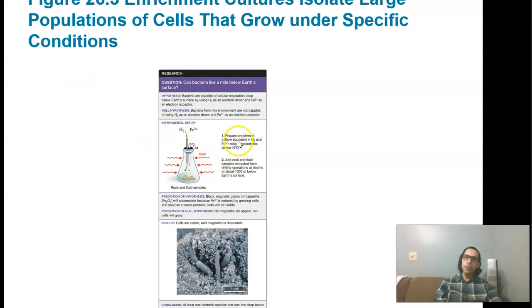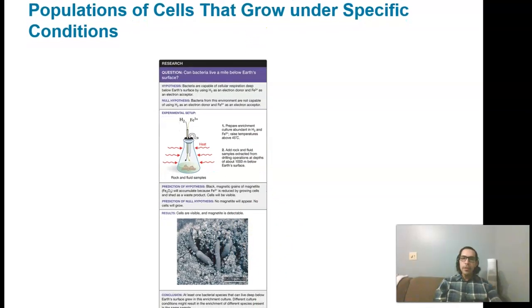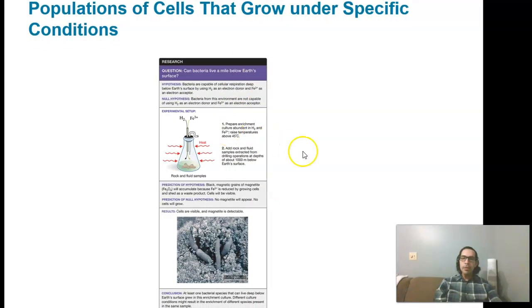They prepared a culture with a lot of hydrogen and iron and raised the temperature to 45 degrees. Then they added rock and fluid from samples they got from drilling at depths of about 1,000 meters below the Earth's surface. And they found that some species actually did grow in the enrichment culture.